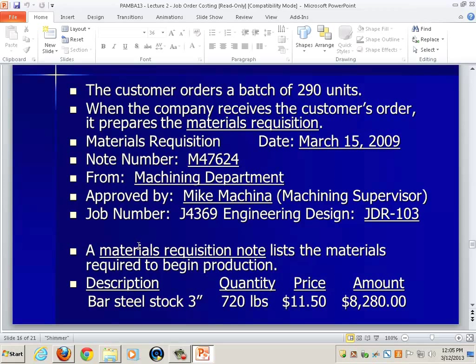Now here, these numbers are already actual numbers, because that's actual operations. We're really requisitioning this material. So all the numbers here, the quantities, the prices, and the cost, are now not estimated numbers, they're real, actual numbers.